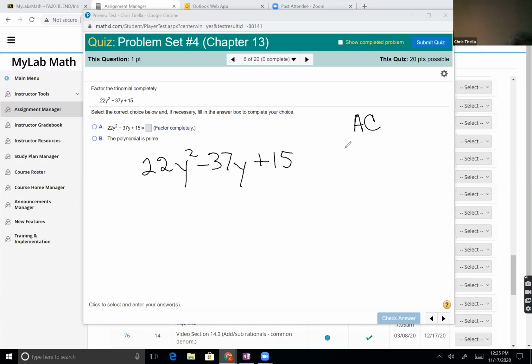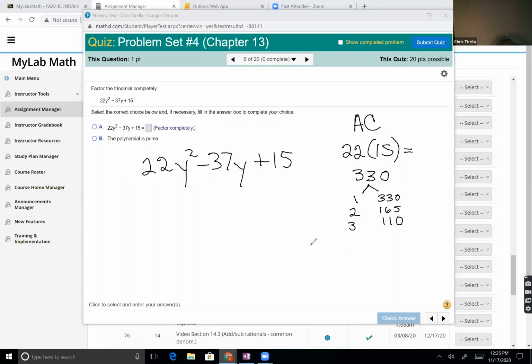So A times C would be 22 times 15, which I think gives me 330. 330 is 1 times 330, 2 times 165, 3 times 110.